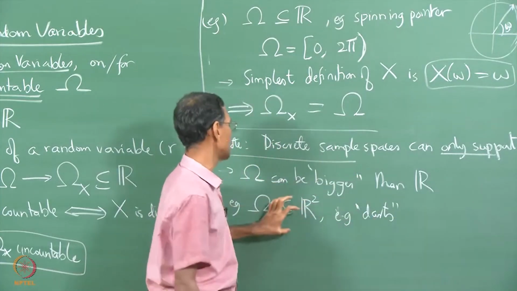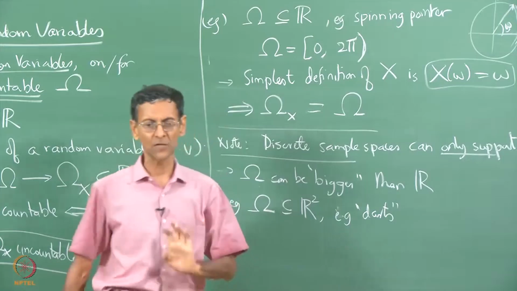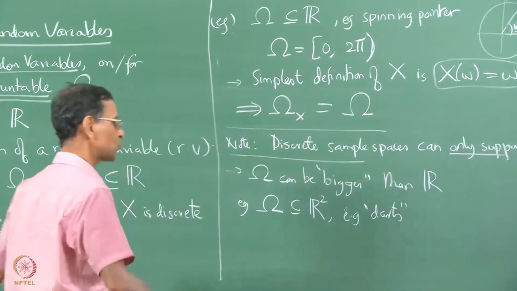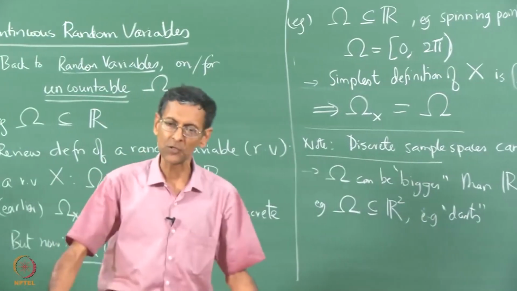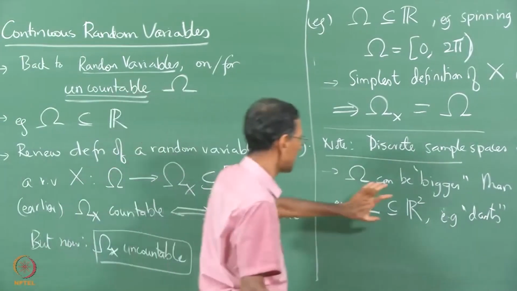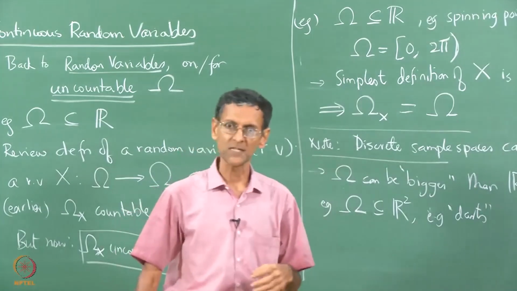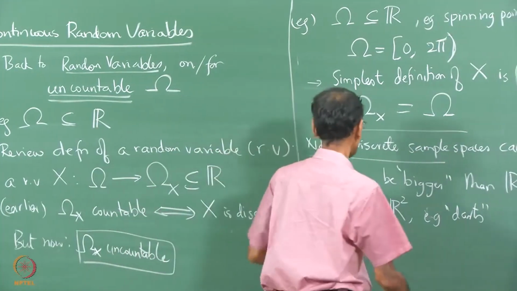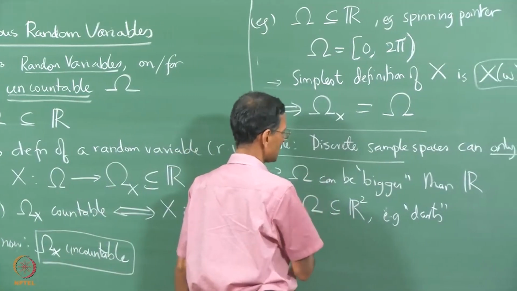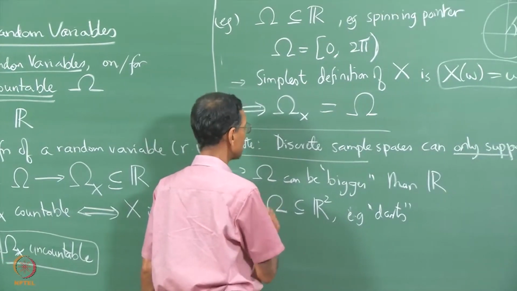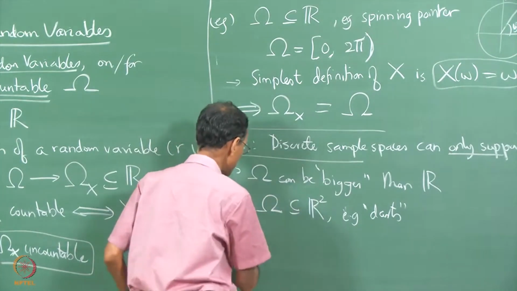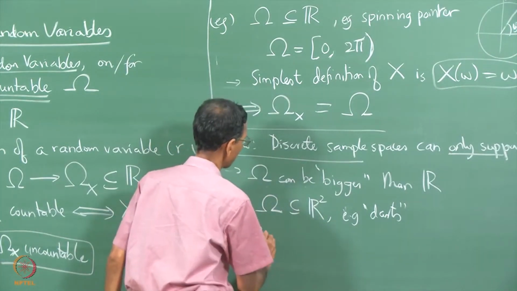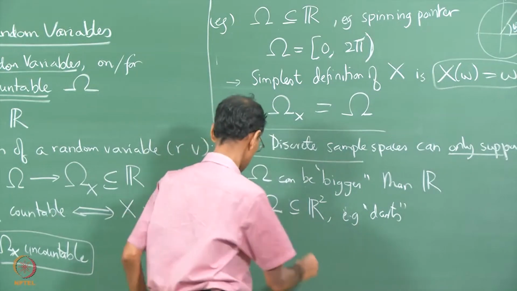But let's not specify darts all the time. We will just take the more general setting of omega being some subset of R squared. You could drop an object blindfolded onto a plane on the floor, for instance. You can do this in any number of ways, not just darts. Anyway, let us say that omega, the sample space of the experiment, is some portion of R squared, which means that each sample point omega has two components.